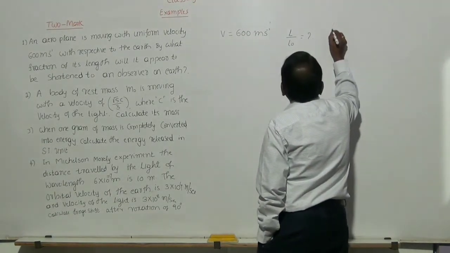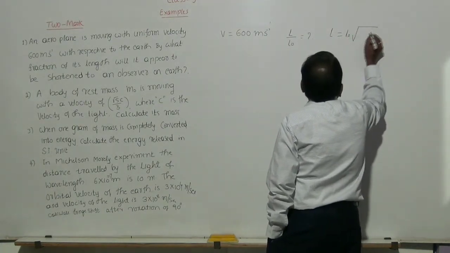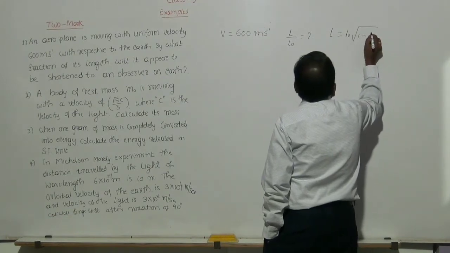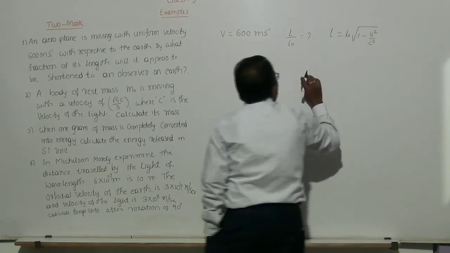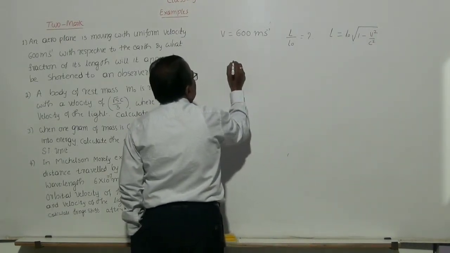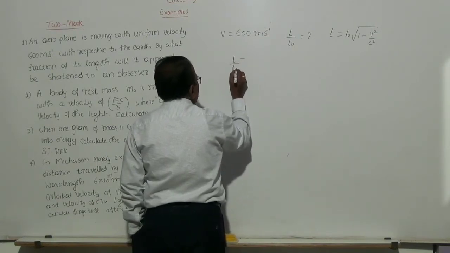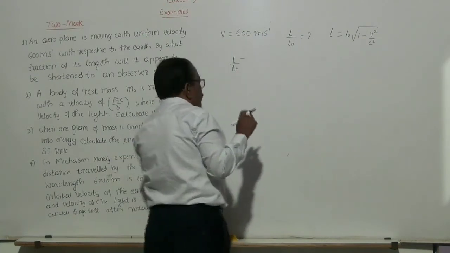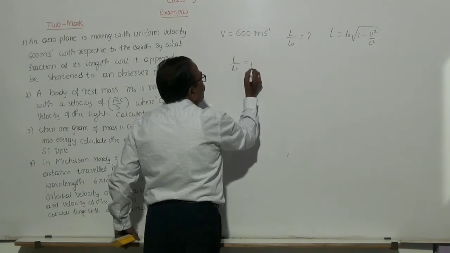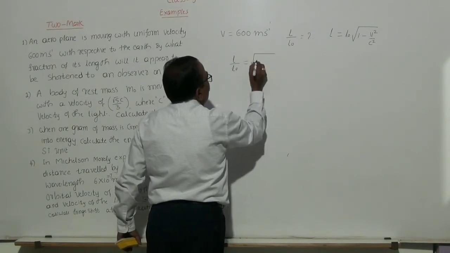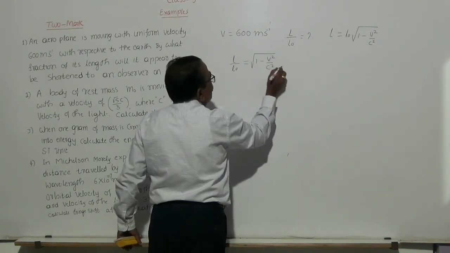You know that your formula is L is equal to L naught into square root of 1 minus v square by c square. From this equation, L upon L naught is equal to square root of 1 minus v square upon c square.